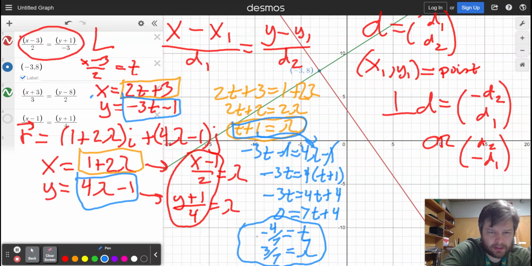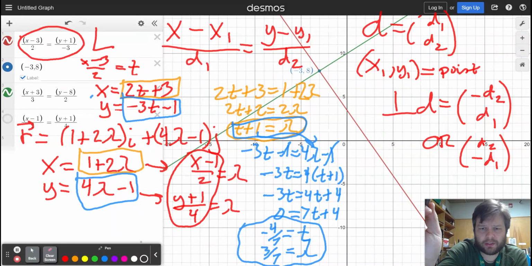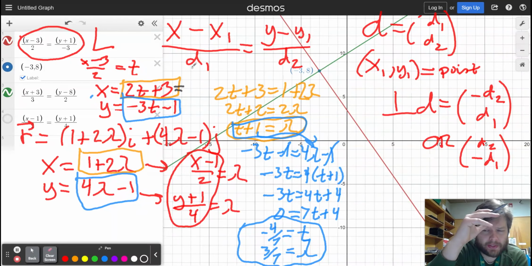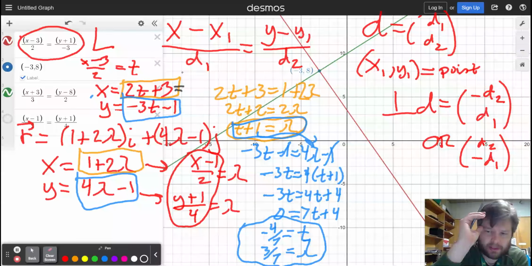Okay, let's just double check. Maybe I made a mistake. It's super easy to make a mistake on these vector problems. There's a lot of different letters flying around. So let's try it. If I take my t value for x, what's my t value? Negative 4/7. So times 2, I get negative 8 sevenths plus 3. So that's 21 sevenths.